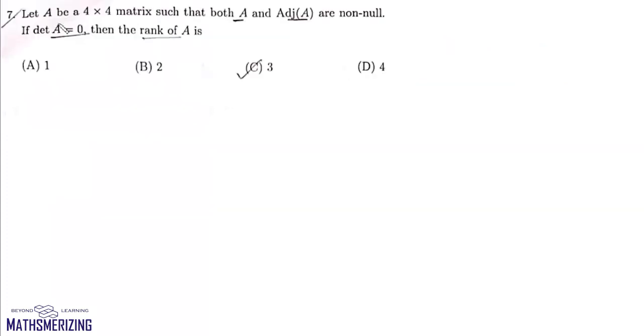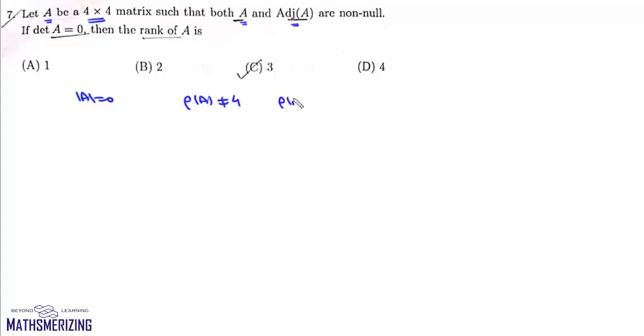Now question number 7 is, you are given a matrix A whose order is 4 cross 4 such that both A and adjoint A, they are non-null matrices. Now if determinant of A is 0, then we need to find rank of A. Now if determinant of A is 0, then rank of A cannot be 4.